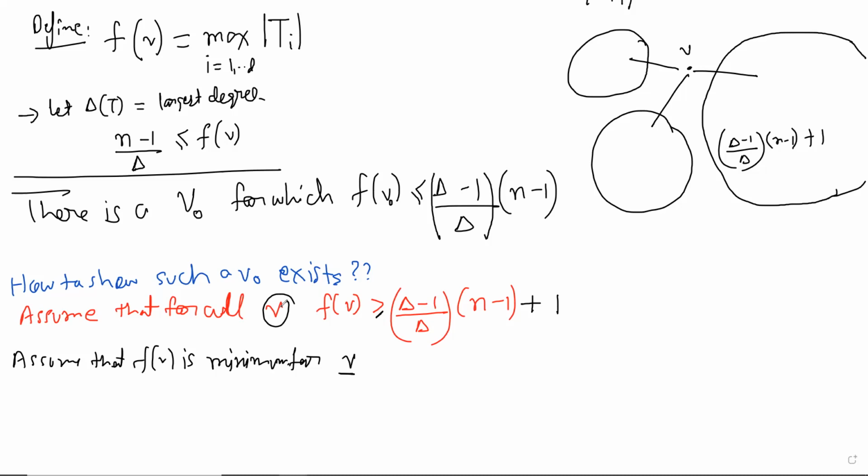Then obviously the contradiction would come in, like I will produce another v1 or something for which f is lesser than this f(v).